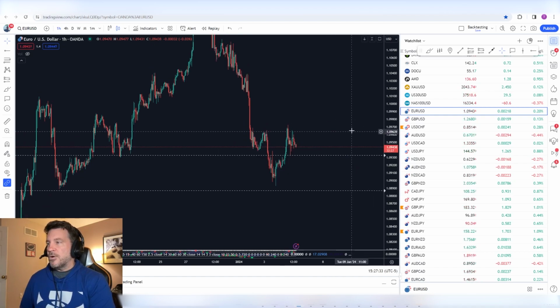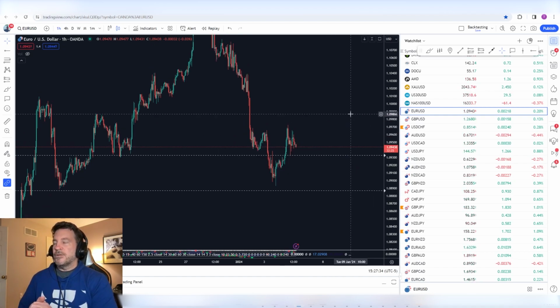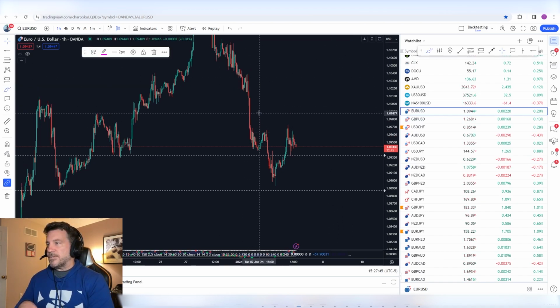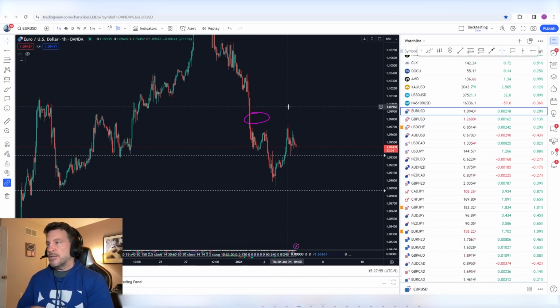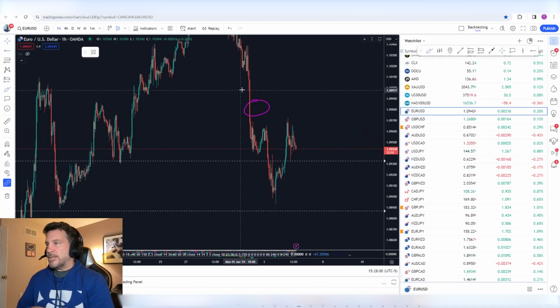Okay, so clean, fresh charts. I'm going to speak in probabilities. From a probability standpoint, price likes to gravitate back towards these big imbalances right here. So in and around these imbalances, I'm looking for wicks or areas where there has been rejection in the past. This is quite easy to see.